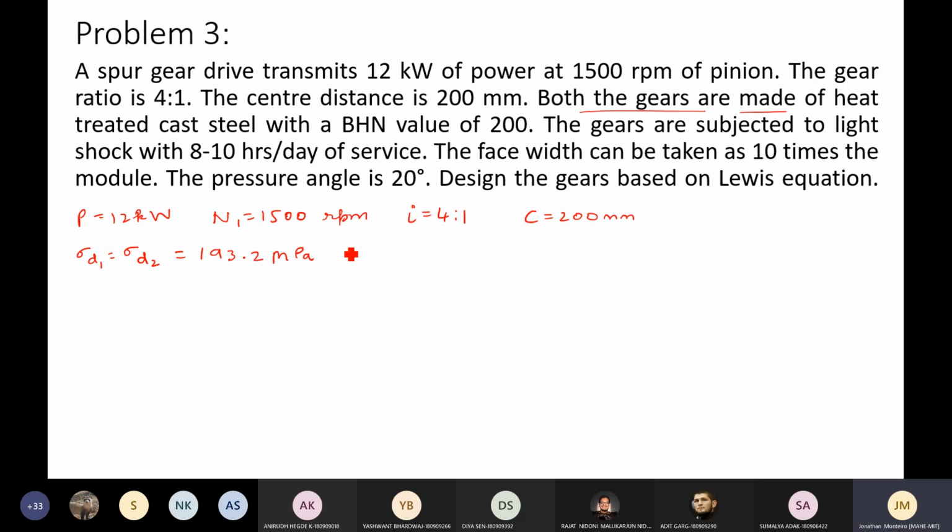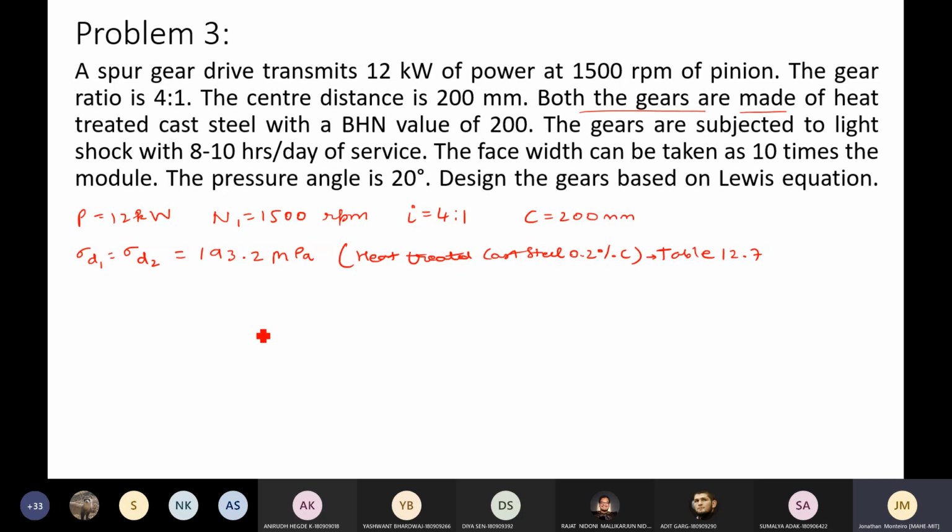So which one we have chosen? Heat treated cast steel, 0.2% carbon. Only one type is there. So we will use that property, 193.2 megapascal. Sigma d1 and sigma d2 both are same according to table 12.7.